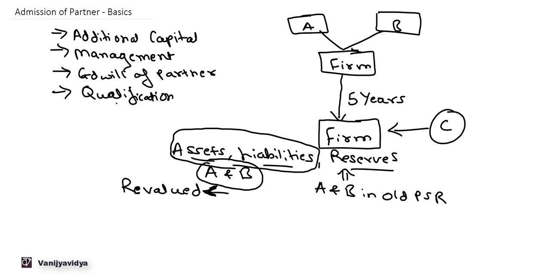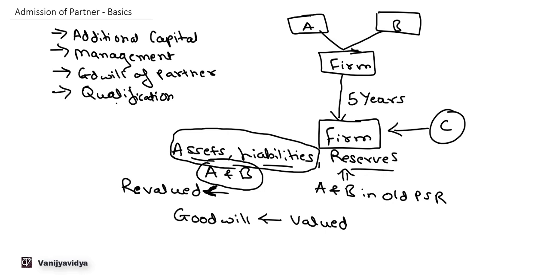Then, now there might be some goodwill of the firm. This goodwill of the firm needs to be valued, and since C is admitted as a partner, C will be given some profit share, and that profit share will be sacrificed by A or B or both of them.